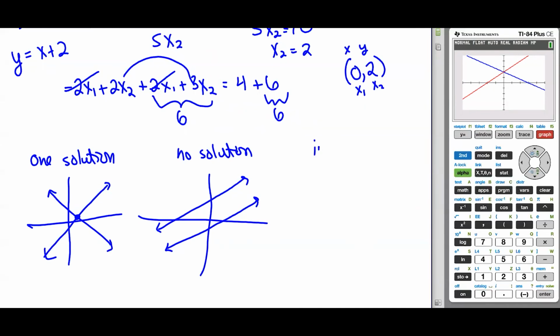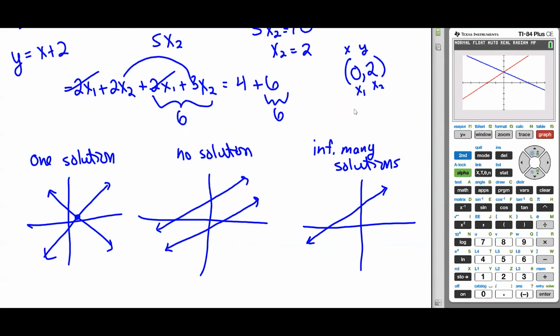And you can also have infinitely many solutions. Infinitely many solutions is 2 equations where the solutions to both equations are the same line, right?